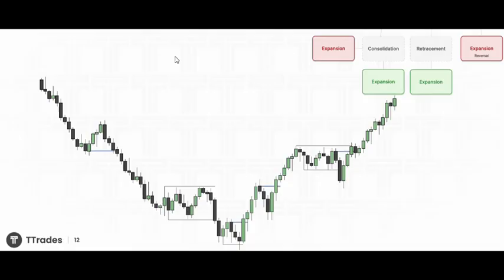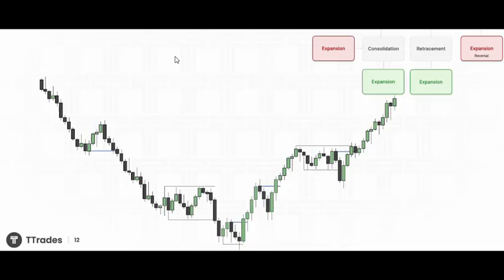So you don't just see expansion and want to trade the next candle too because you think it's going to expand too. When there's an expansion, it's like the market is tired. It needs to rest for a while before it continues its journey. So after an expansion, we expect a retracement, if it is going to continue the expansion, or a consolidation, or even a reversal.